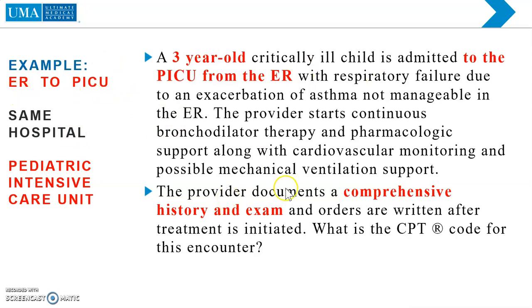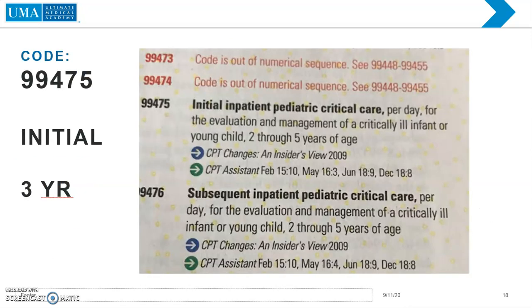If you read the scenario, you will see that the patient is being taken from the emergency room of the same hospital to the PICU of the same hospital, and we need to know the age of the patient. We don't know if we're going to use the history, exam and MDM, but we will read the guidelines for it. So as you can see, we have code 99475, and it says initial inpatient pediatric critical care, and gives you the age 2 through 5 years of age.